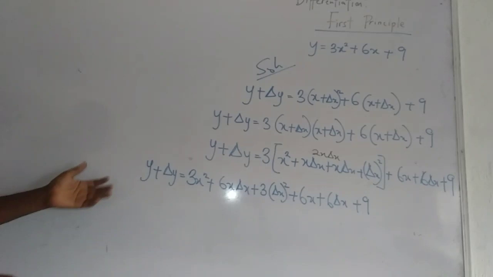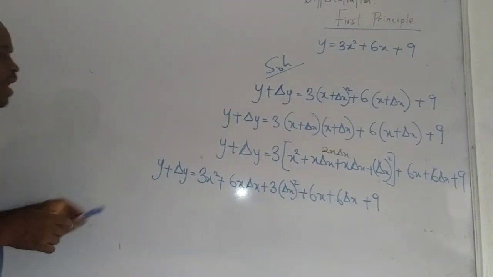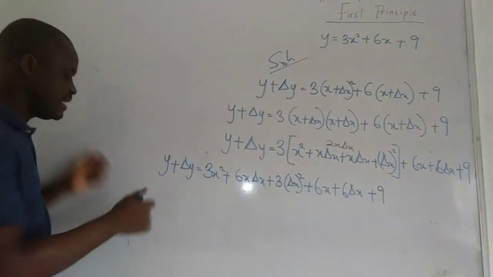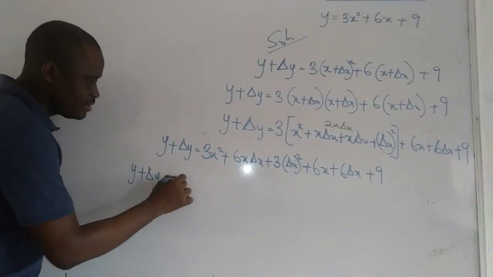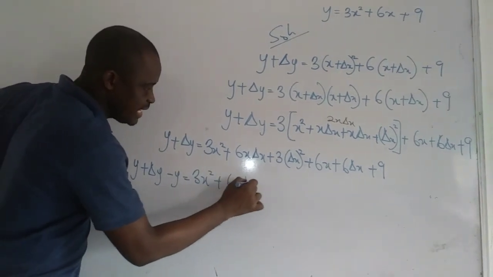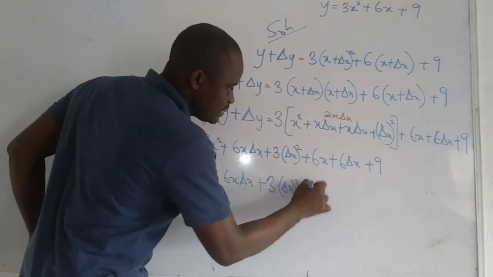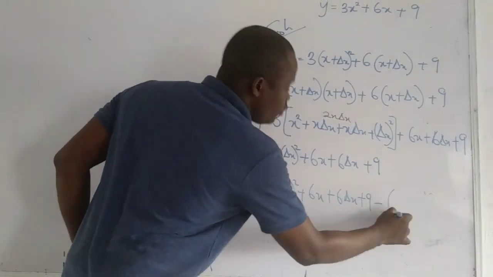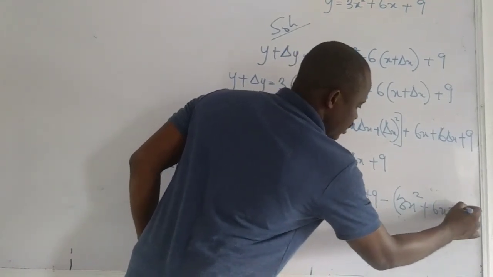Since I have something so awesome like this, what do I do? I will say add minus y and minus the whole of this on the left hand side and on the right hand side. So this y plus delta y minus y equals 3x squared plus 6x delta x plus 3 delta x squared plus 6x plus 6 delta x plus 9 minus into bracket 3x squared plus 6x plus 9.